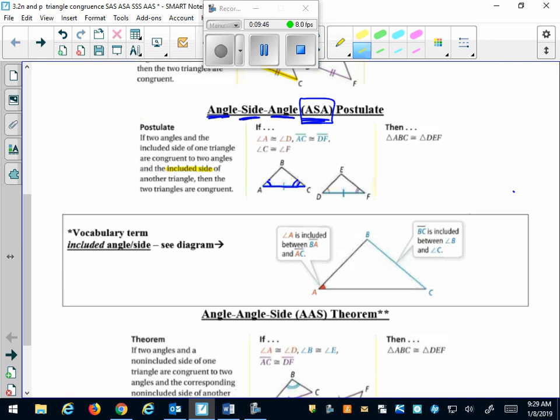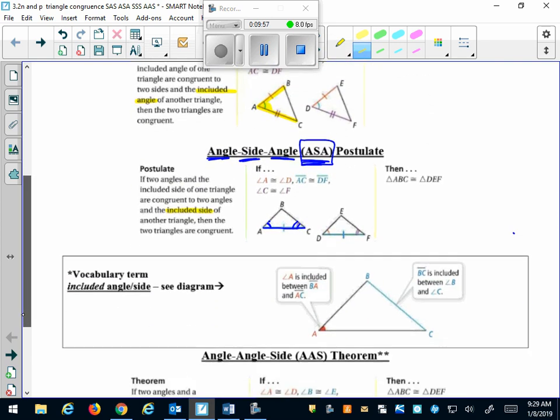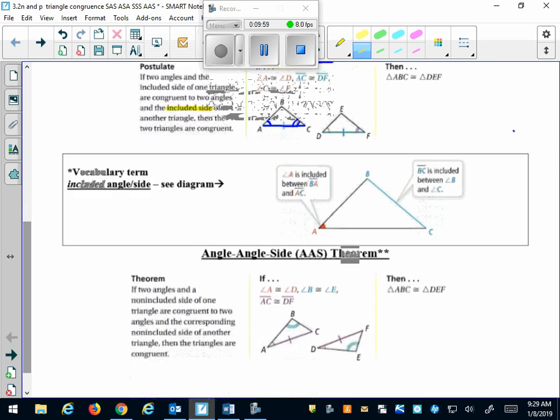You can say that these 2 triangles are congruent just with that information. Okay? So that's SSS, SAS, and ASA. So this right here is just defining that included side or included angle, okay, which we just did a little bit.